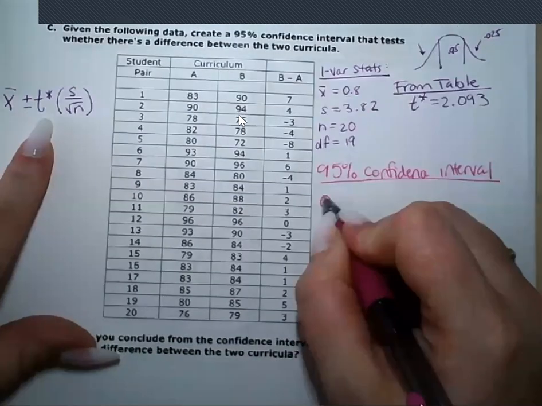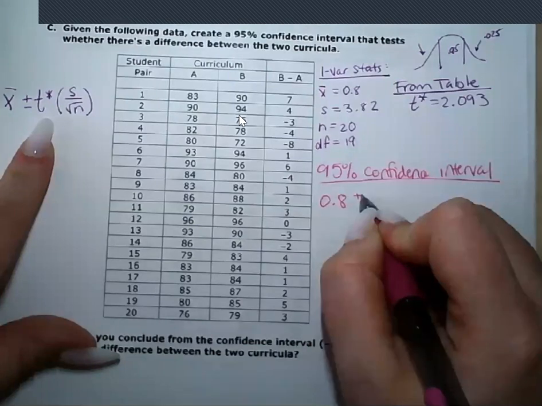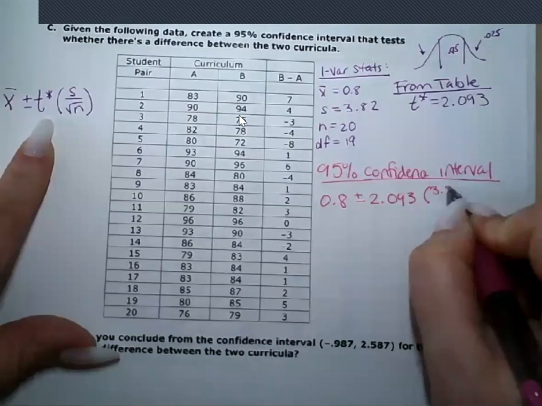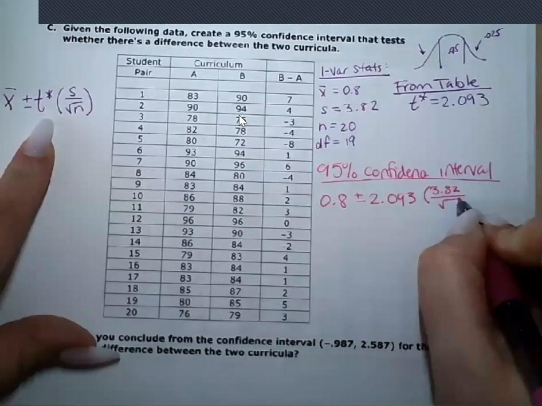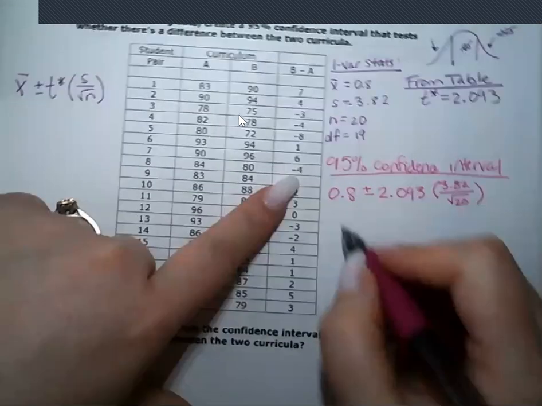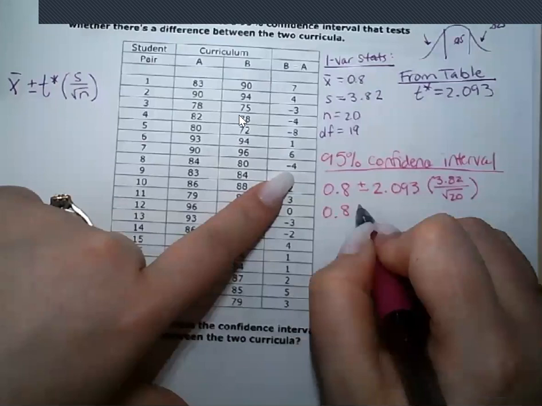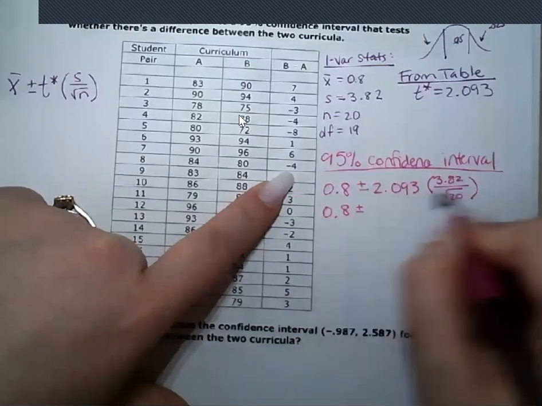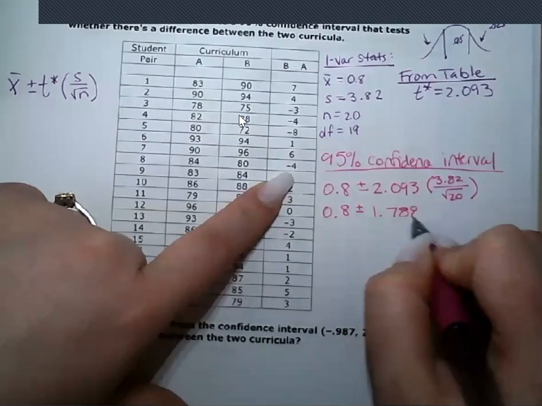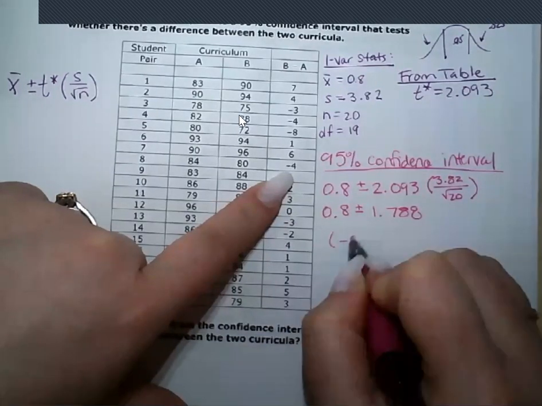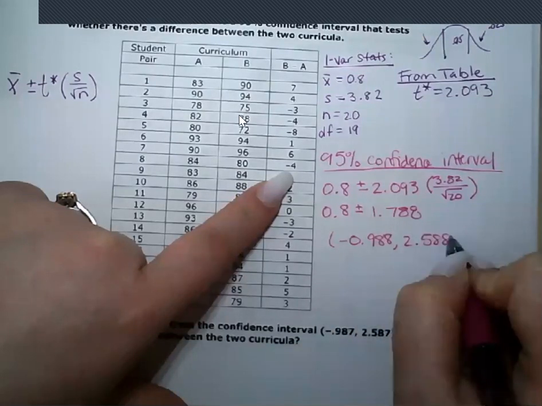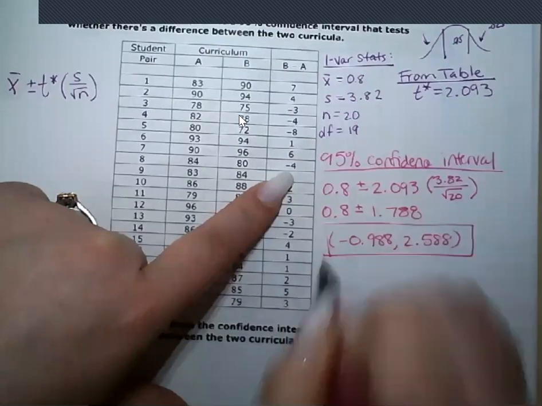X bar was 0.8 plus or minus T star times S over the square root of N. So at this point, you grab out your calculator, start punching in numbers. This margin of error ends up being 1.788-ish. So when I subtract, I get my lower bound of my confidence interval. When I add, I get the upper bound. And just like that, we're all done.